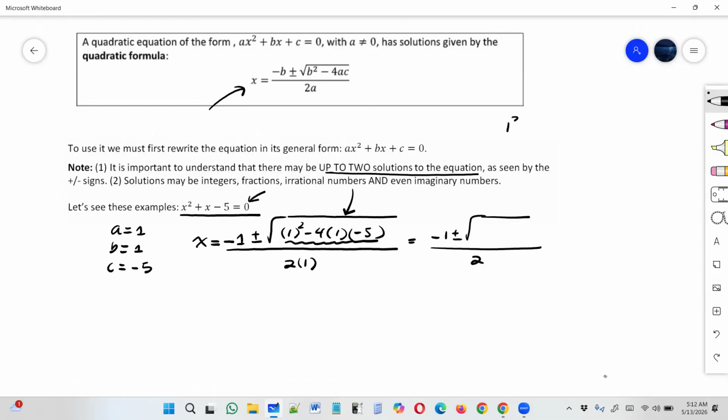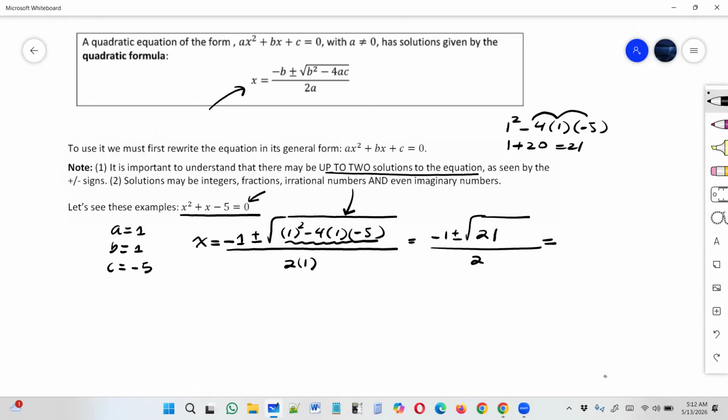So let's see, 1 squared minus 4 times 1 times -5. So 1 squared is 1, and following PEMDAS, I have -4 times -5, which is positive 20. So this is 21. I'm going to write 21 here.